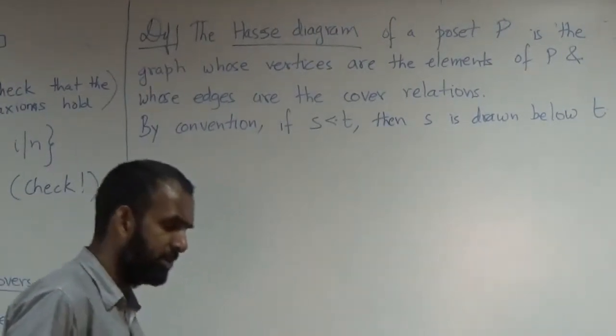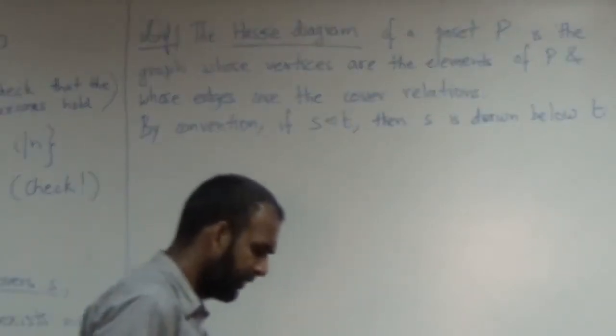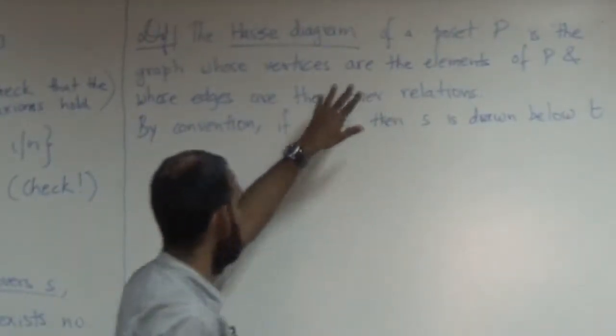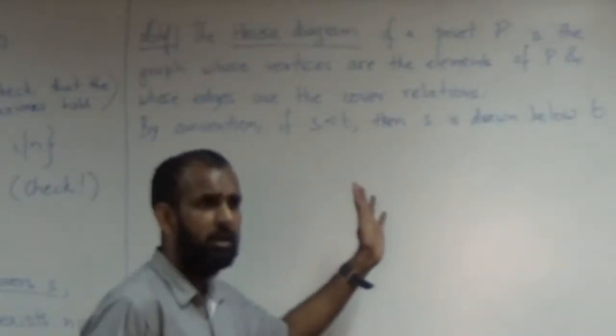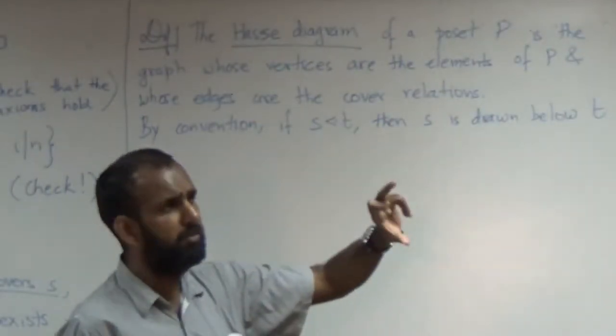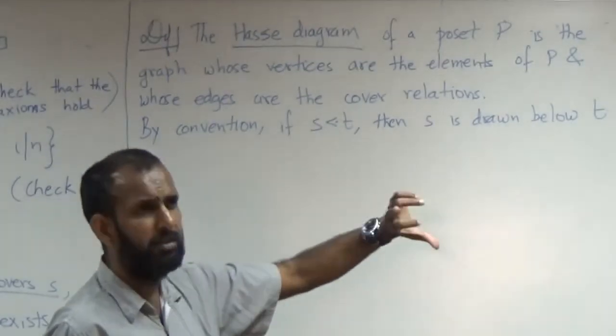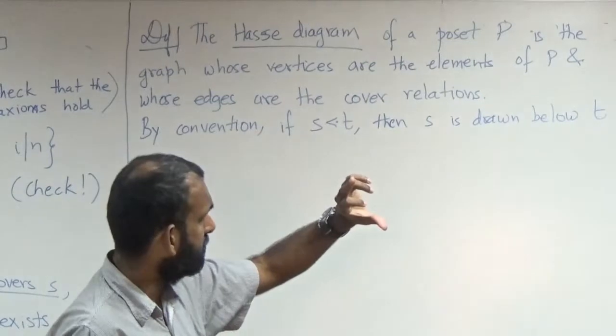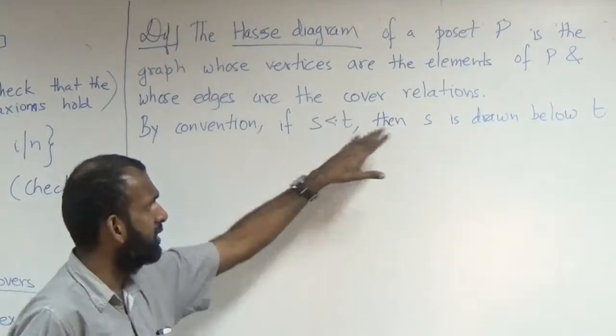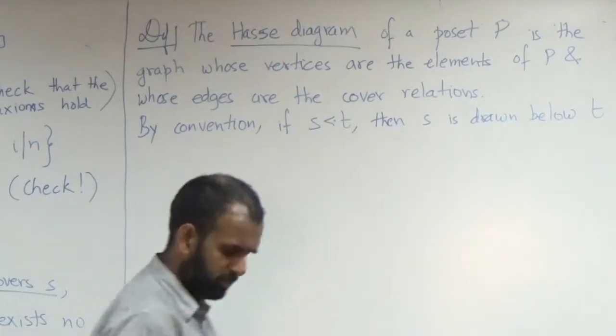It's again a very abstract object. So the vertex set for us will be the entire poset itself, and you draw an edge between two elements if one of them covers the other, and by convention the lower one is drawn below.